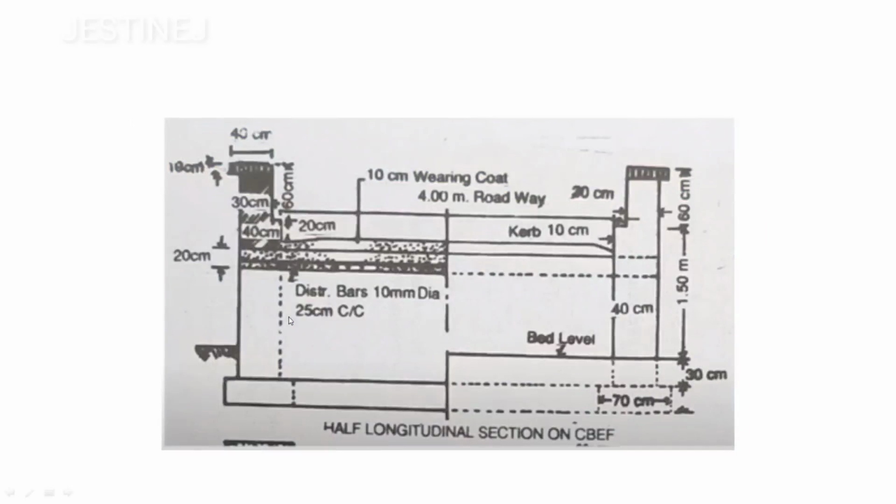That you can observe from here: this 40 centimeter is the outside projection, and the height is going to be 10 centimeter. So we need to find that quantity. The total length you have to take is 4.9.